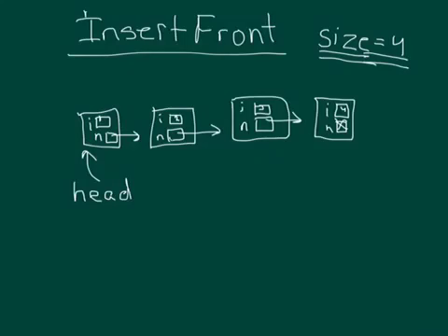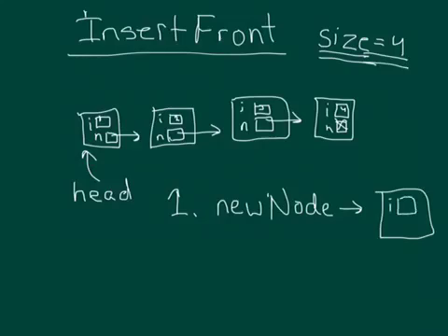So to insert front, we want to insert an item that's specified in the parameter, and then move it to the front of the list, and then change the head. So what exactly does that look like? Well, the first thing you want to do is make the new SList node that you're going to be inserting into the list. So we'll call that new node. And it's going to store the item that you pass into the method. And we'll call it item.